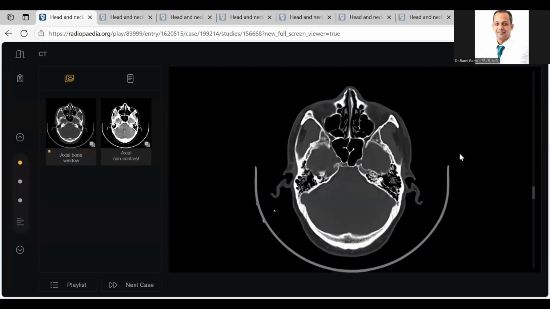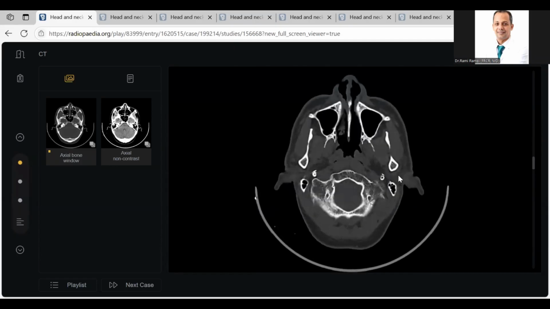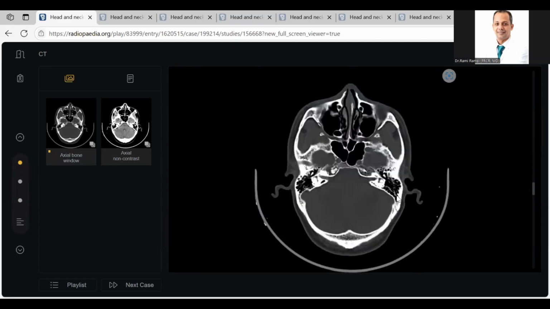I made a mistake before in a session where the examiner gave me an X-ray and I didn't pick up anything. He tried to help me. If the examiner gave you an examination, it must contain a pathology. And this is a bone, so it means something in a bone.